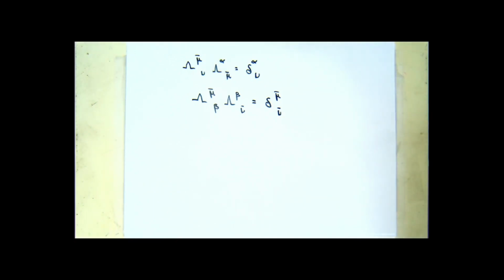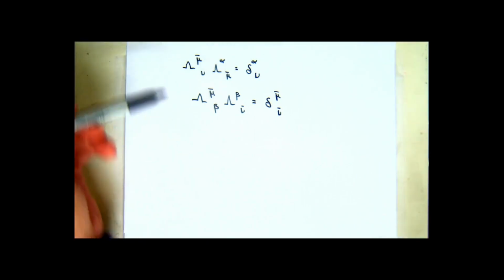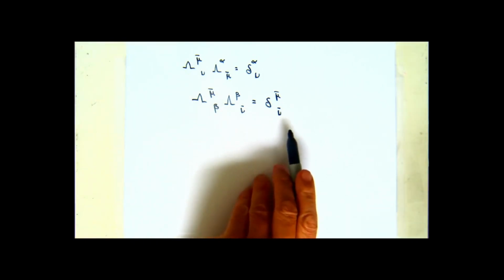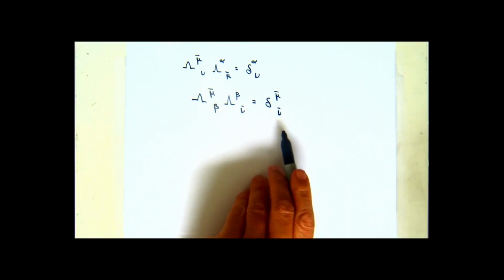But of course, one inertial frame, one flat coordinate system or another, is as good as any other. If you go through the exact same argument, you can show that lambda mu bar beta, lambda beta nu bar, is equal to delta mu bar nu bar.